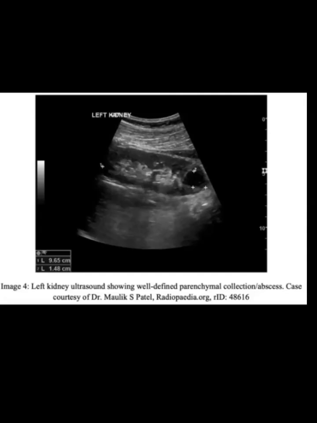So you should be broad minded. Your mind should be open for the differential diagnosis. The left pole is showing an abscess, on the lower pole, on the left side. Pathology kidney.